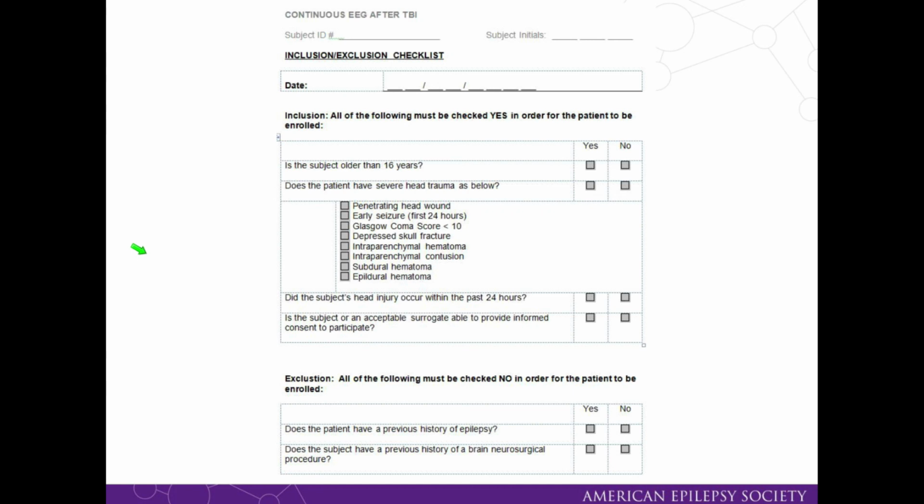So the name of the study, the subject ID, their initials, and this was an inclusion-exclusion checklist, the date it was filled out, our checklist to make sure that the patients met the inclusion and didn't meet the exclusion criteria, and then I cut off the bottom where it had the signature information for who completed the form.